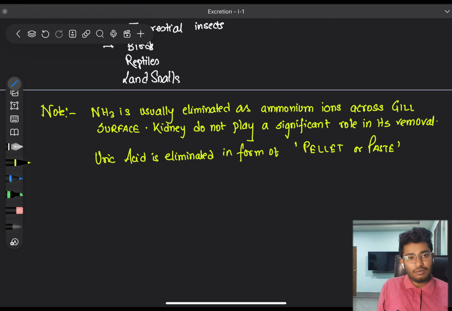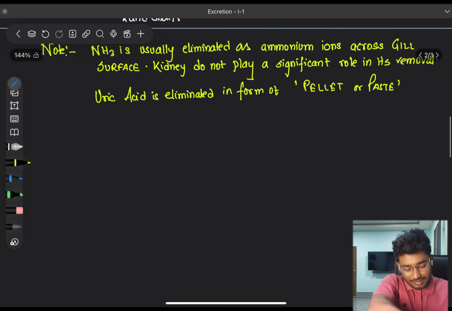So till now I have completed the NCERT introduction portion. Now we come to the excretory structures, basically of humans.